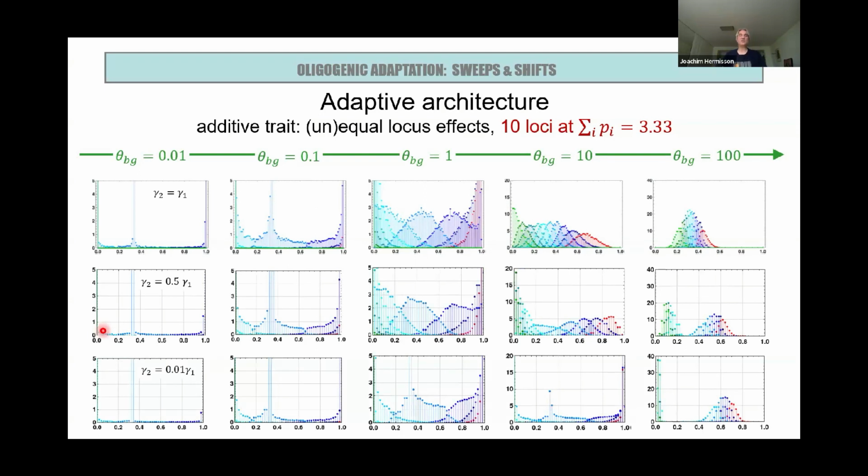Okay, and what you see is that, right? So for small theta background, very, very little changes. So the whole architecture stays absolutely the same. Then on the other hand, for very high mutation rates, it definitely does matter.